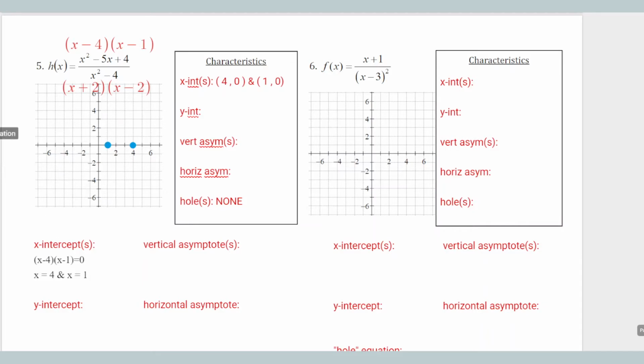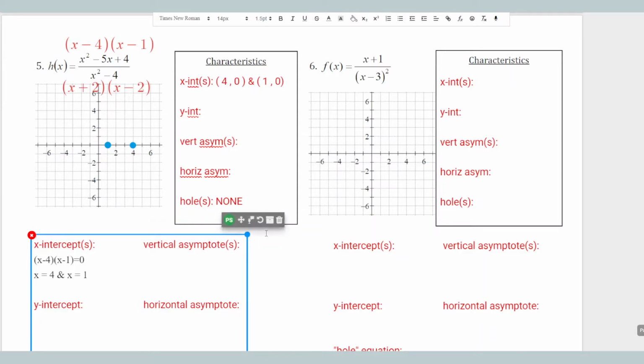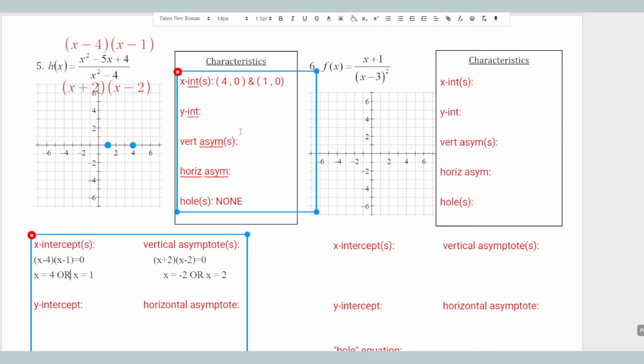For my vertical asymptotes, I'm going to set the denominator equal to 0. So x plus 2 and x minus 2 equals 0. And that's going to give me x equals plus or minus 2. I guess it should technically be "or" here from an algebraic standpoint.